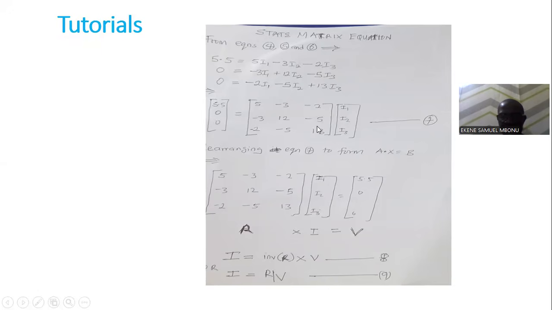The state matrix represents the resistances in the circuit, while the current is represented by I. When we arrange that equation in the form AX equals B, we get that R multiplied by I is equal to V. And then the solution, as we saw earlier, will be I is equal to inverse of R multiplied by V, or I is equal to R backward division V.